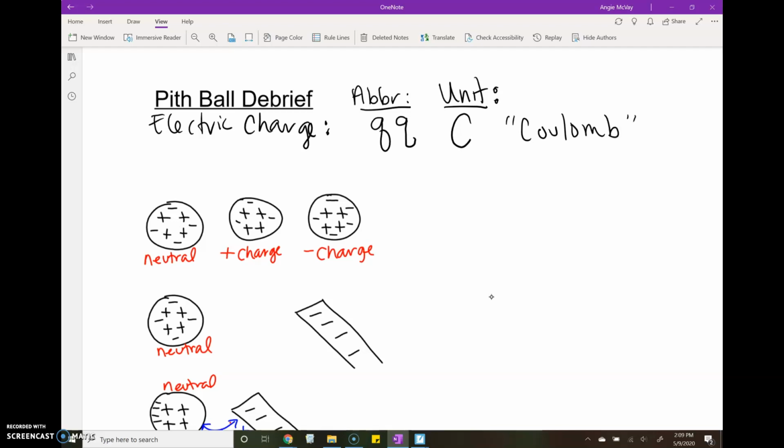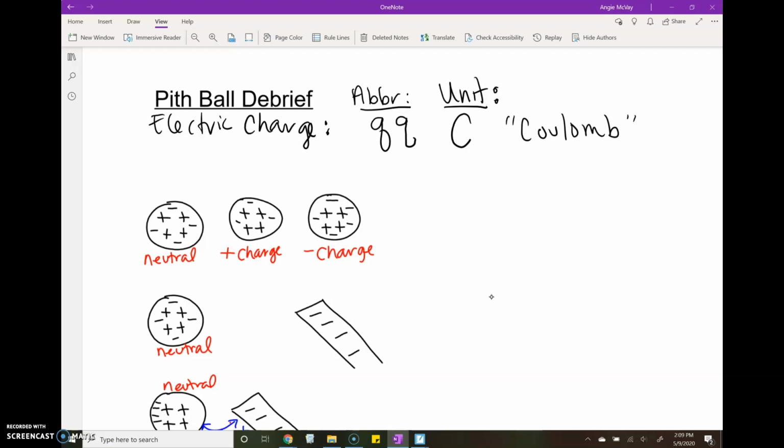Just like when we studied Newton's laws, the unit of force was a Newton. When we study electric charge, it was investigated by a scientist named Coulomb. And so the law that we will learn about later in quantifying electric charge and the forces between charged objects will be called Coulomb's law.